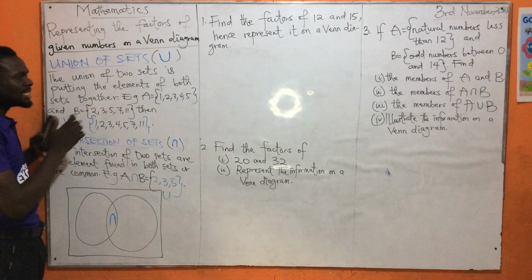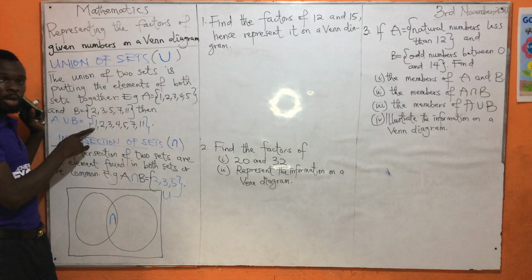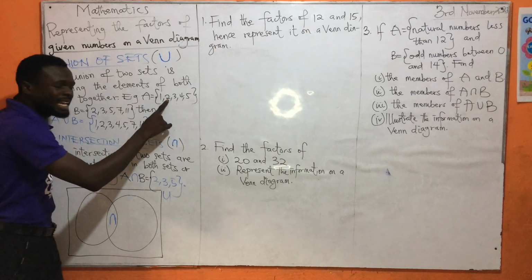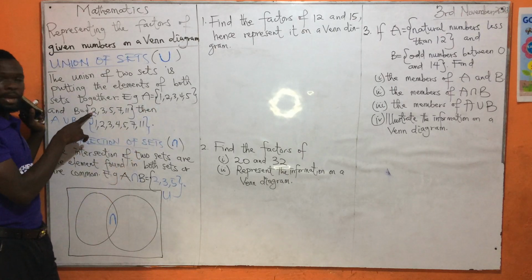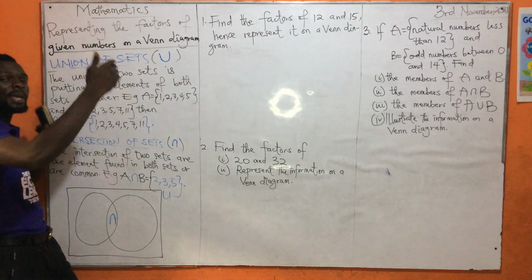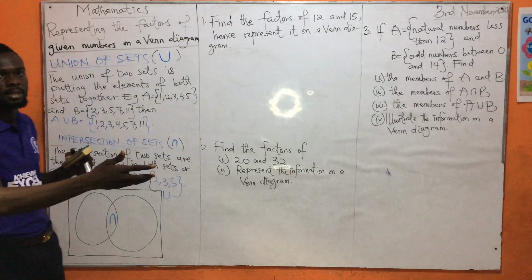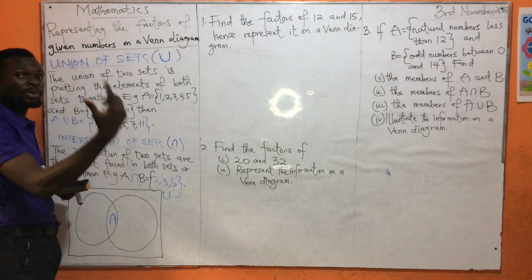You will notice that we have 1 in set A, so in the union we have 1. We have 2 in set A, but in set B we also have 2. So we don't repeat numbers that can be seen in both sets; you just write it once.